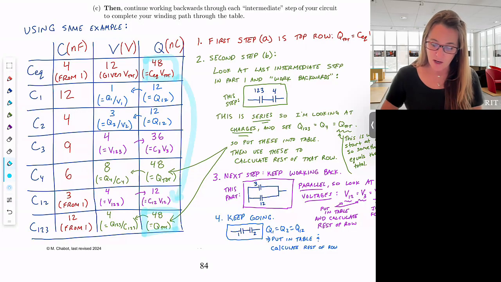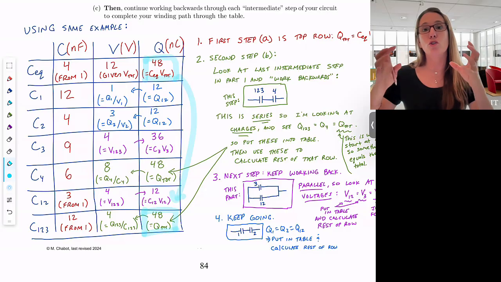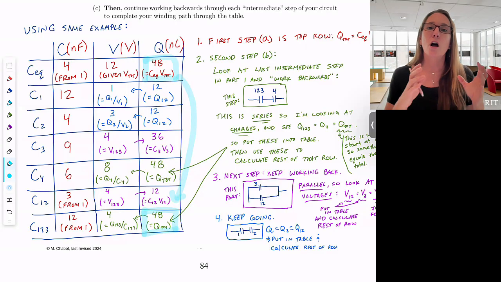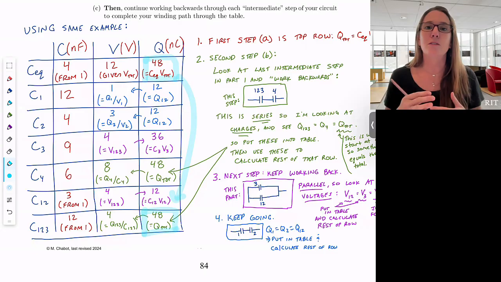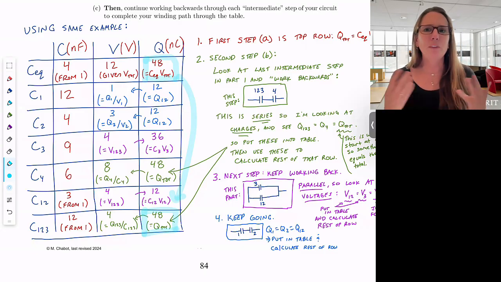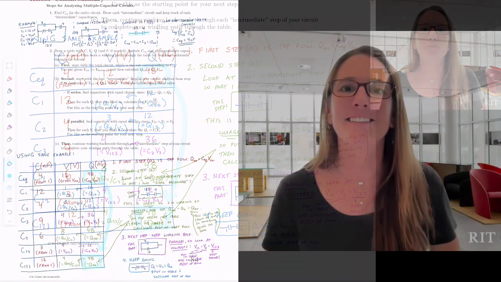That's how you choose the total charge to start the windy path through the table, versus when your last step is a parallel step, that's when you choose the voltage to start. And here's the full worked example for that one as well.